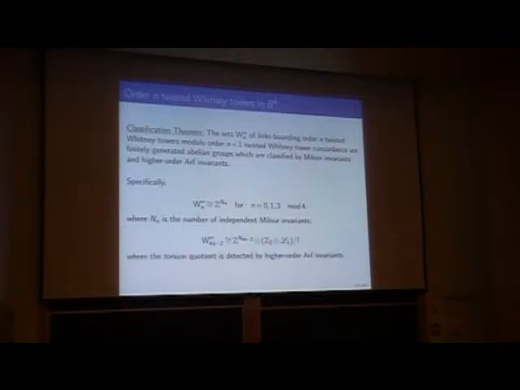And then in the remaining quarter of the cases, that's where there's some torsion that shows up. And in the lowest order, that's the classical Arf invariant of the links. And in the higher orders, we'll formulate some new invariants, and they live in the quotient of the free algebra on a certain number of generators that corresponds to the number of components of the link, tensor with Z2, and modulo some as of yet unknown subgroup.